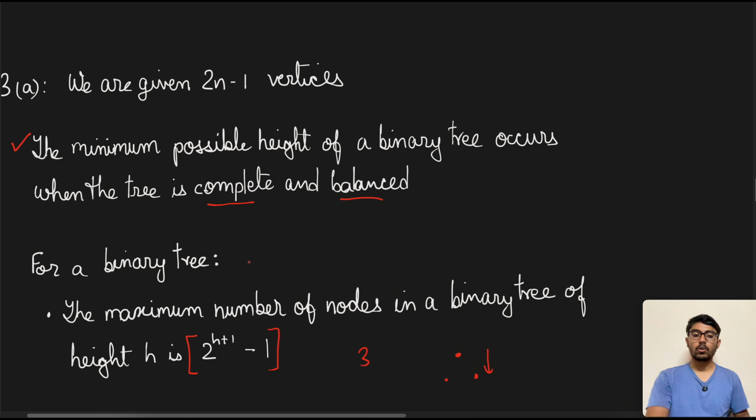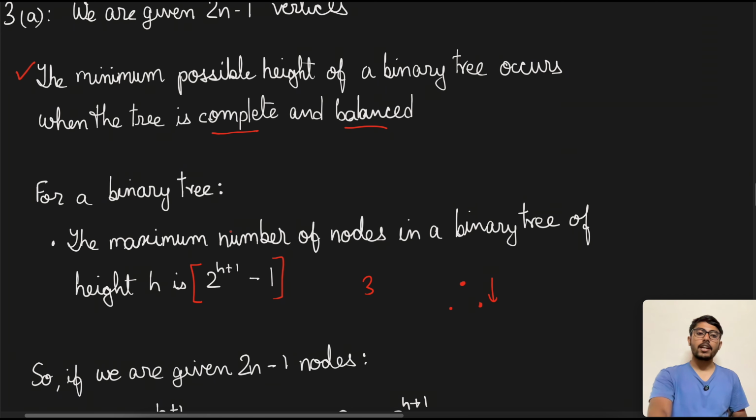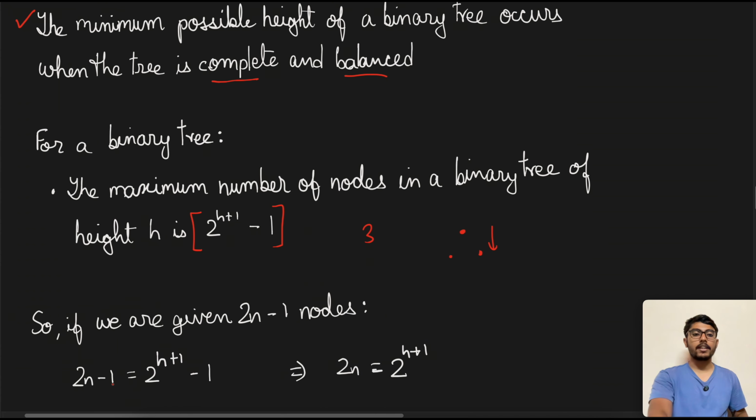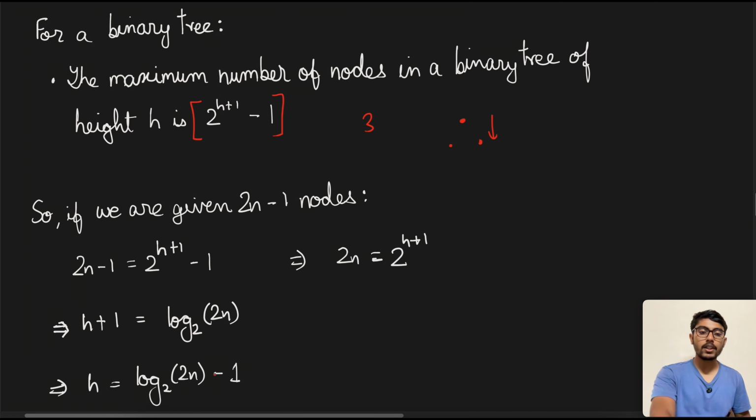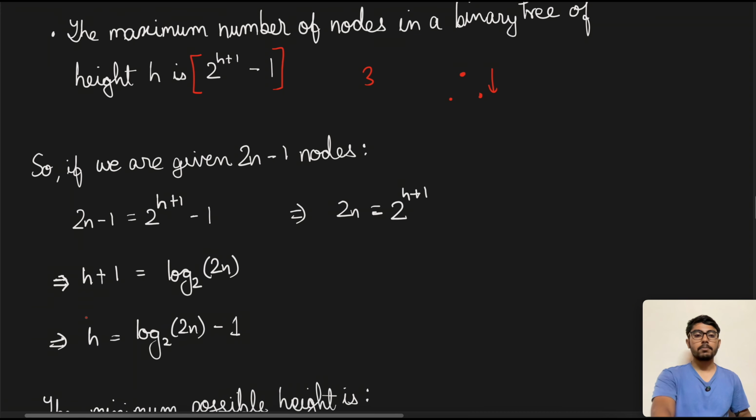So 0 to 1. Next, if we are given, let's say, 2n minus 1 nodes, then we can say that 2n minus 1 equals 2 raised to power h plus 1 minus 1, which comes out to be 2n equals 2 raised to power h plus 1. So h plus 1 equals log base 2 of 2n. If we do that, this comes out to be the value of height with 2n minus 1 nodes.